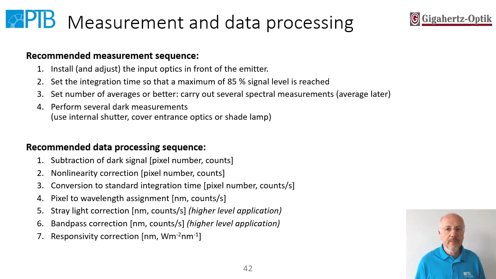For high-quality applications, a correction of the internal stray light and possibly also a bandpass correction of the measurement is then carried out. The conversion into the desired spectral quantity, radiometric quantity, is then performed as the final step by applying the calibration data of the spectroradiometer. How these data are determined, I will explain in the following.